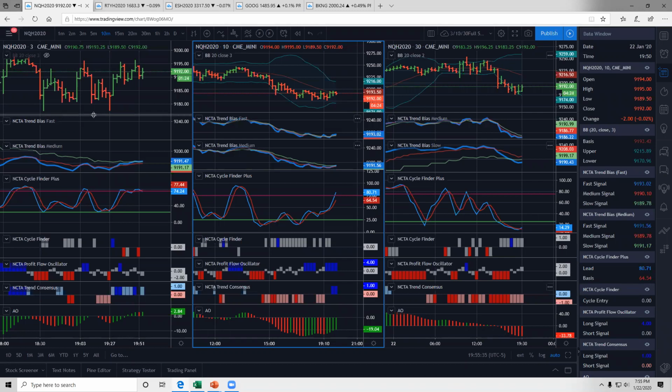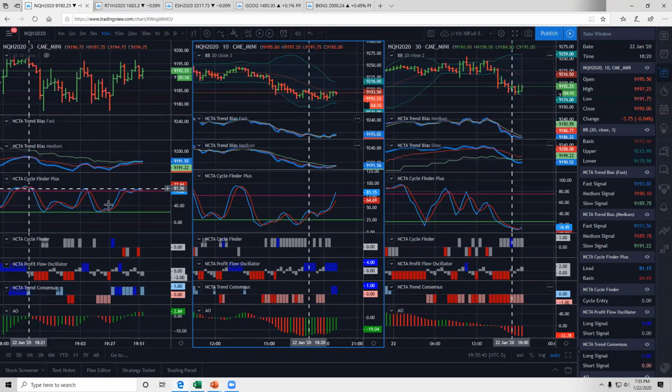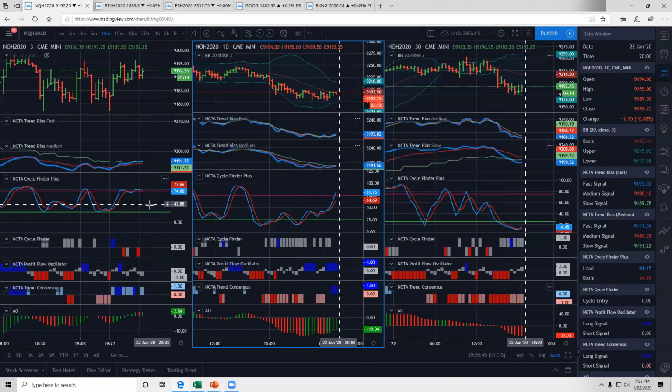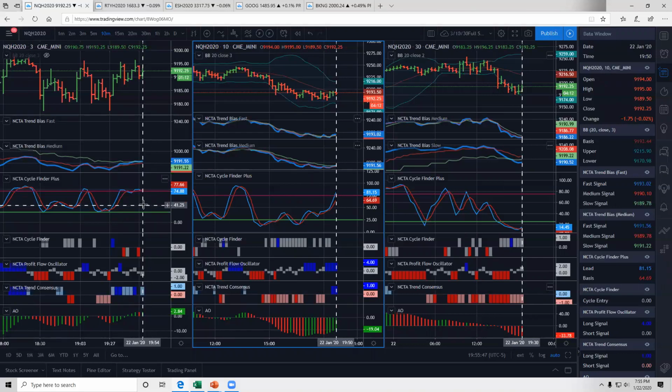It really doesn't matter. But what then I do once I'm in the trade is I assess the pattern, and as long as the chart is telling me I should stay in the trade, I don't really want to tighten up my stop too much.